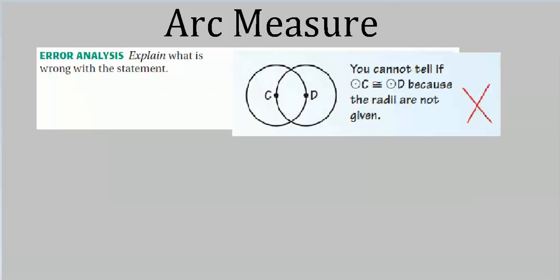Well, here we are in a section on arc measure, talking about congruent circles. Remember, from previous sessions, congruent circles are about as simple as you can get. The only thing you can check, the circle only has one measure. It's kind of like a square. Once you know the length of a side of a square, you know everything there is to know about that square.